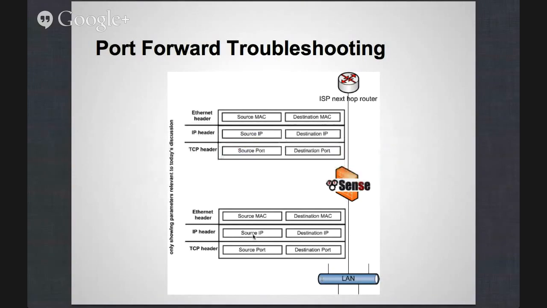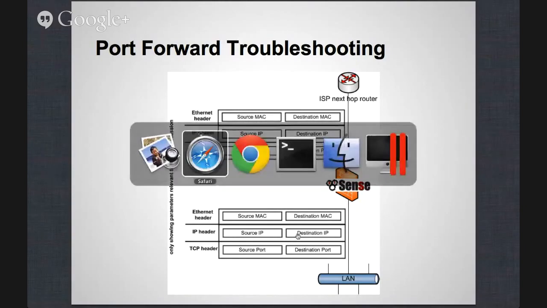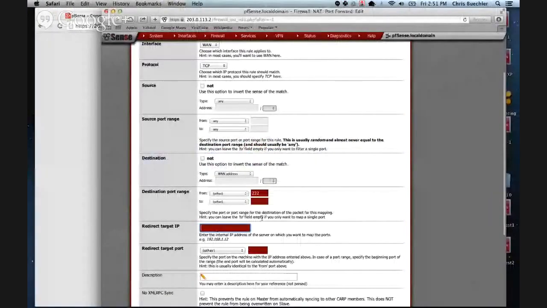The source IP doesn't change, and the destination IP gets translated to what you specify down here. So that host is 10.0.0.20, and it will just forward SSH to it.